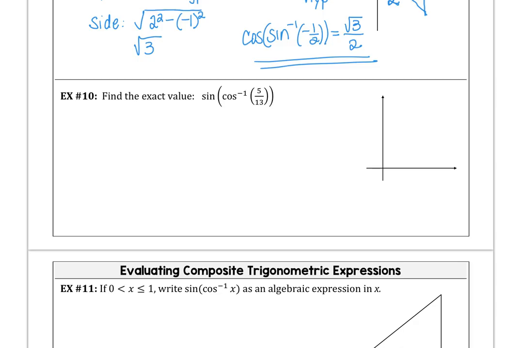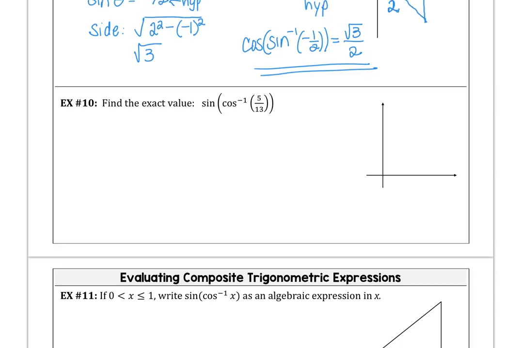I'm looking at the inside piece, just like number 9. I want the cosine of the angle, that's 5 over 13. So cosine is the side adjacent divided by the hypotenuse. The adjacent side is 5.